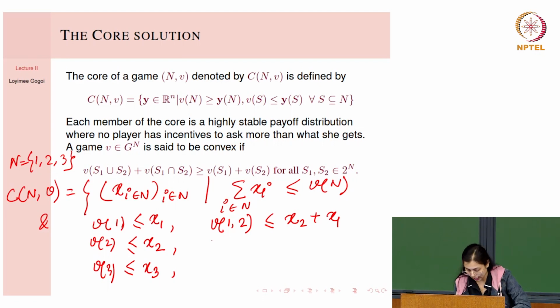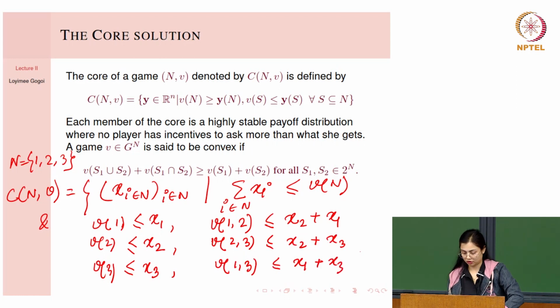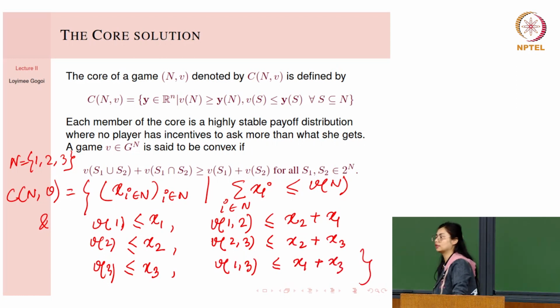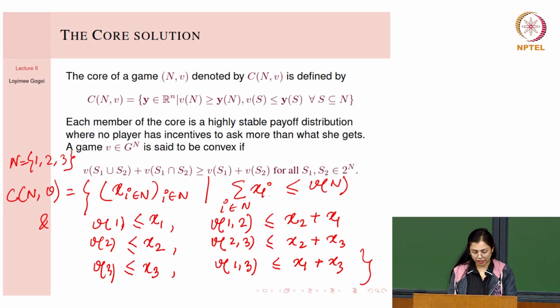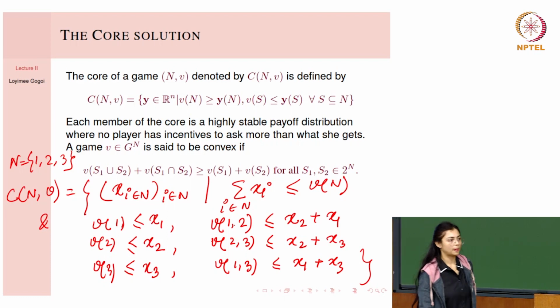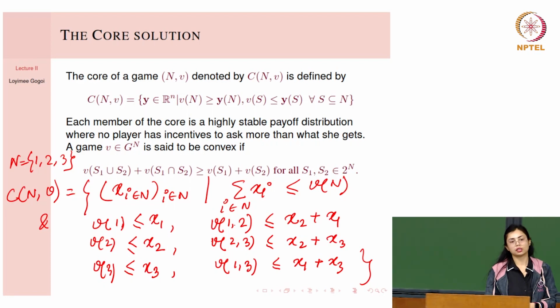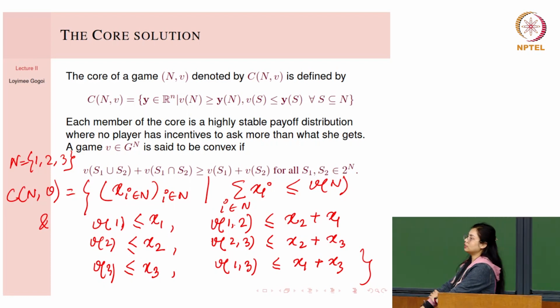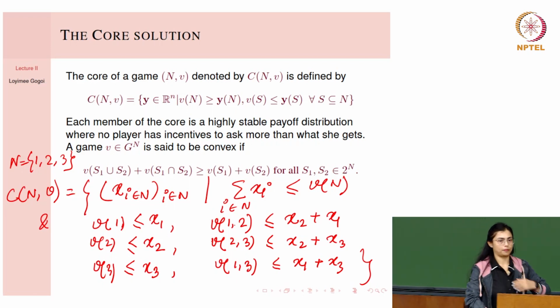So similarly we have for 2 and 3, and the total should be the maximum of all xi, right. So together all these conditions, we can define the core solution. Okay.